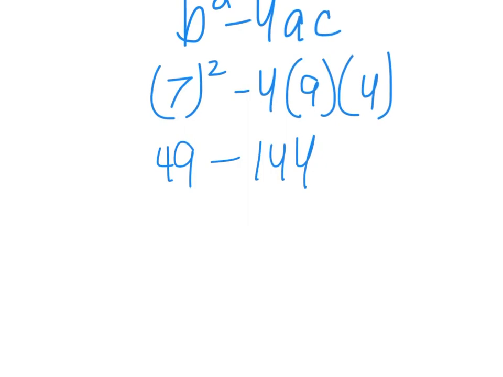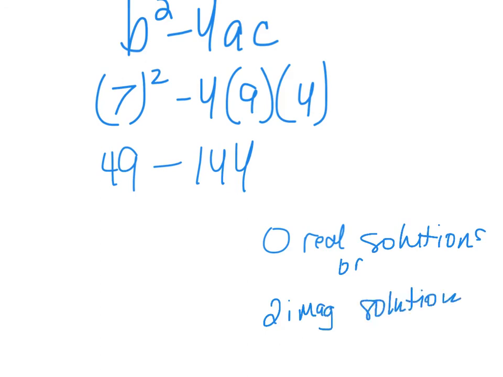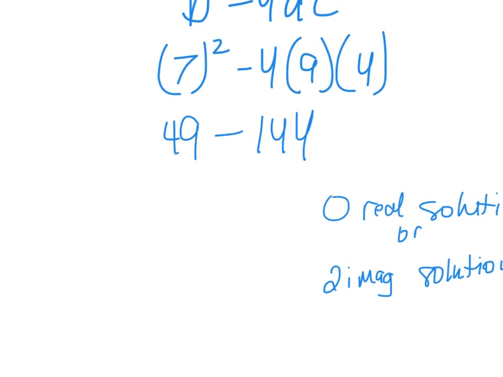You can already tell me what my solutions are. Imaginary. Okay, so what does that mean? You can say 0 real solutions. I'll take that as an answer. Or, what else can you tell me? 2 imaginary. Good.